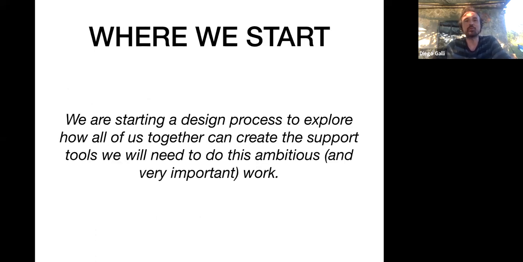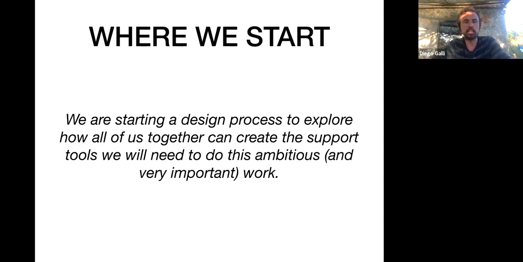And where we have to go is to scale up to the level of being able to think and act at the level of regenerating a continent. So this is why we are starting a design process to explore how all of us together can create the support tools we will need to do this ambitious work.